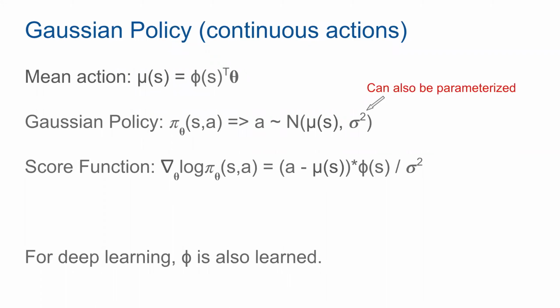And again, for deep learning, the phi function is also learned, and therefore the theta vector can be thought of as the weights of the top layer of the neural net. Any questions so far?